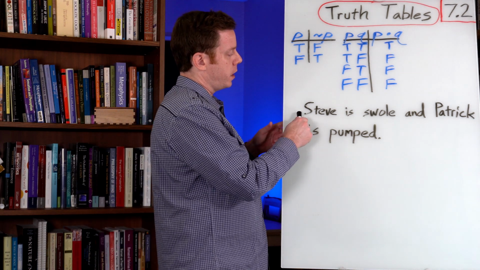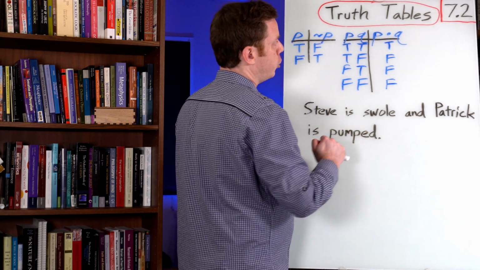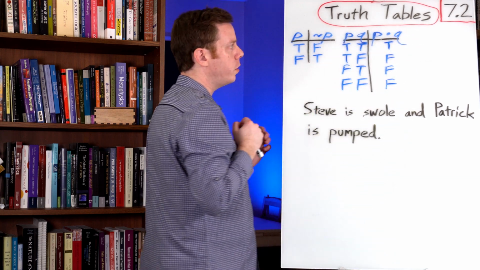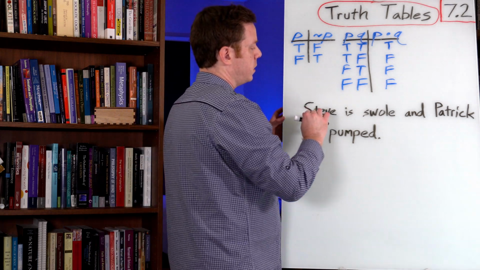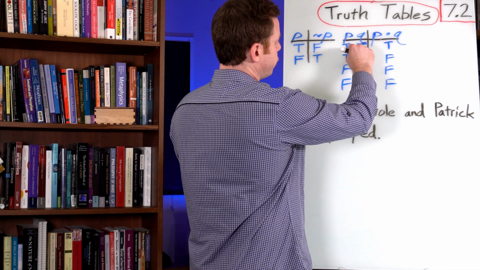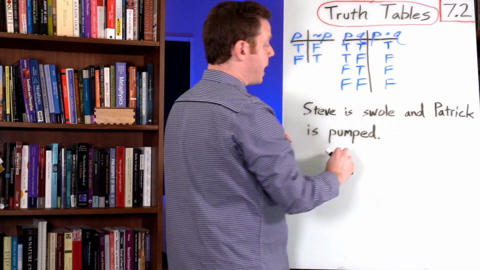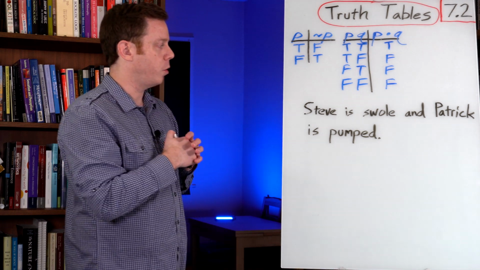Well, this compound statement could be represented by the P and Q up here. So if, say, P is true, say it's true that Steve is swole and it's true that Patrick is pumped, then is this whole statement true? Steve is swole and Patrick is pumped?